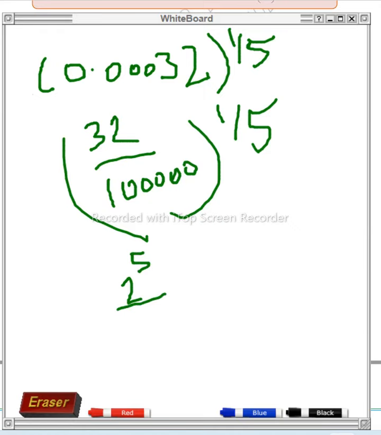Again, 100,000 means the same as 10 to the power of 5, so again the power of 1 over 5.